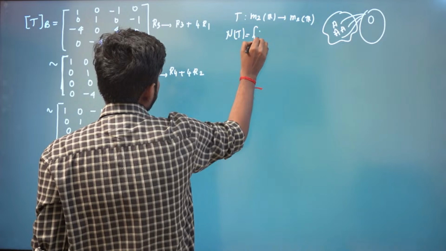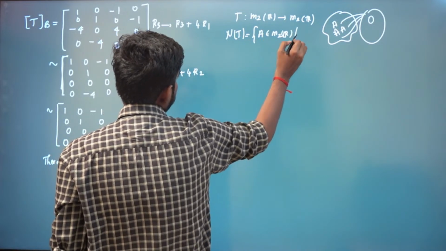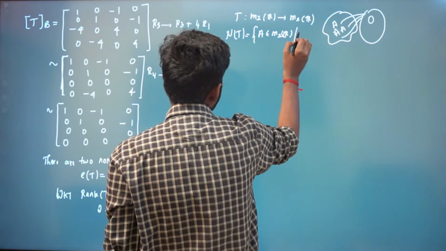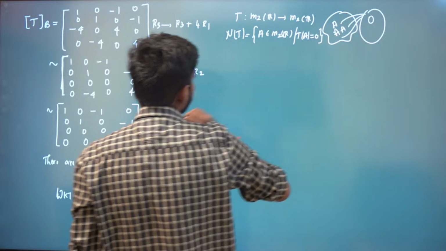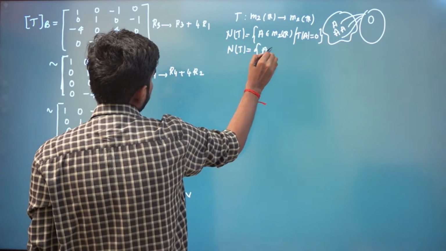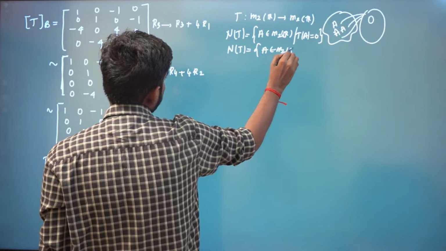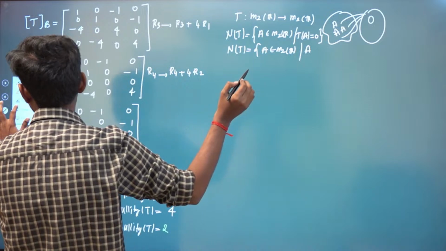So the null space of T consists of all those A in M2 of R such that T of A is 0. What is T of A? BA, right?